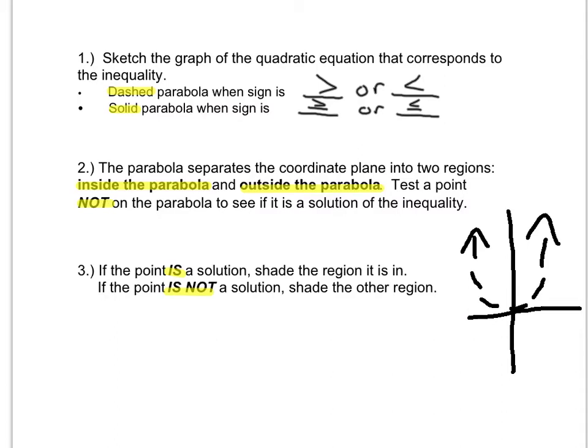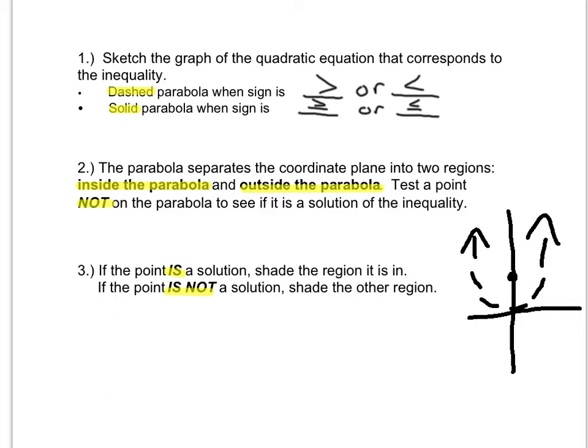And test it. If the point is a solution, so let's say that I pick this point right in here, and that is a solution, then I'm going to shade inside the parabola in the region it's in. And if it does not work, then I'm going to shade out here, out around the parabola.